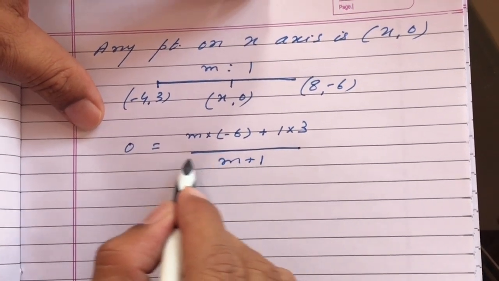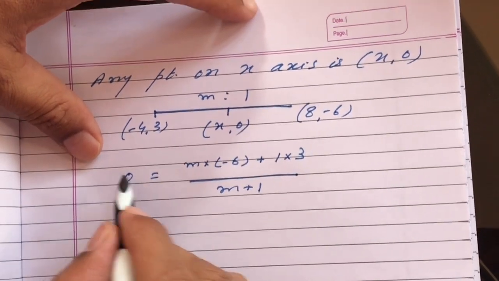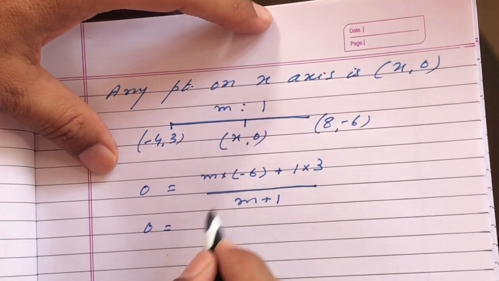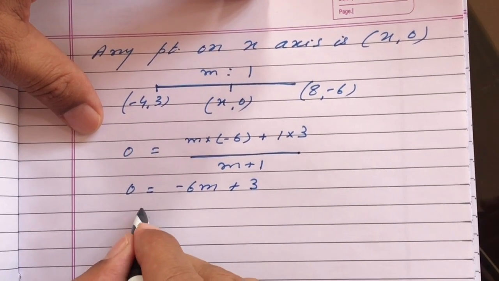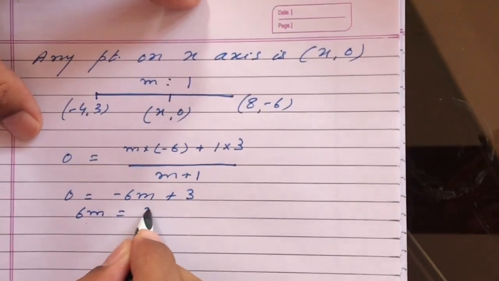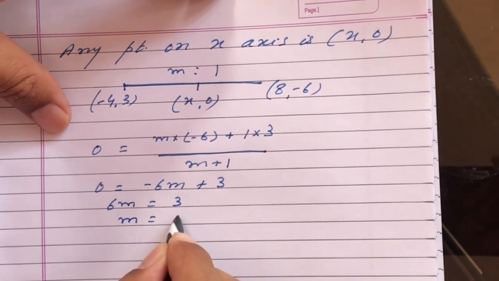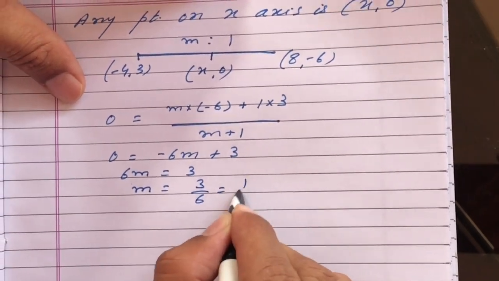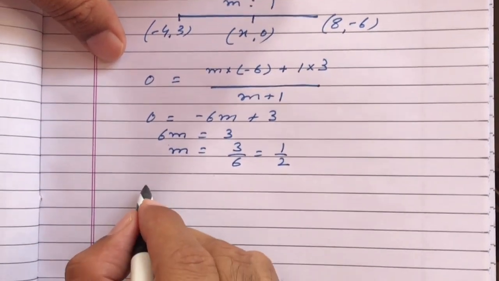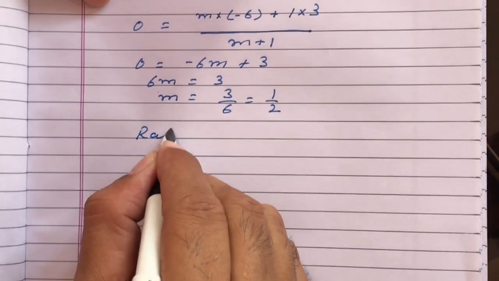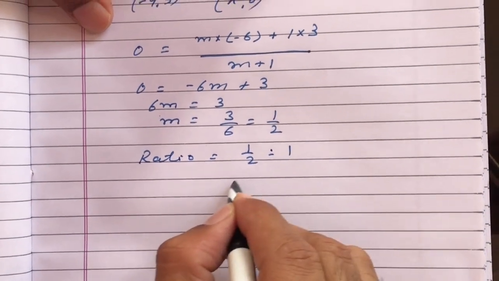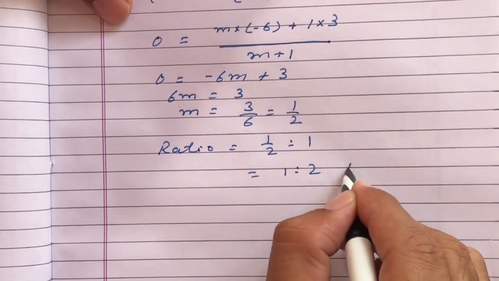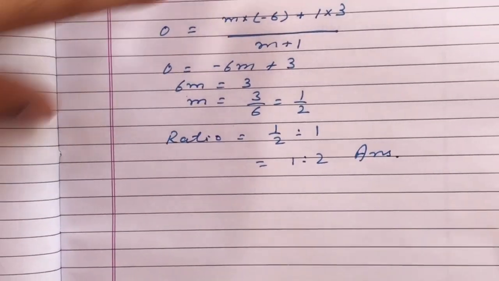When I cross multiply, this whole expression will become 0. 0 is equal to minus 6m plus 3, or 6m is equal to 3, m is equal to 3 upon 6 or 1 upon 2. So the ratio is 1 upon 2, ratio 1 is to 2. This is the answer.